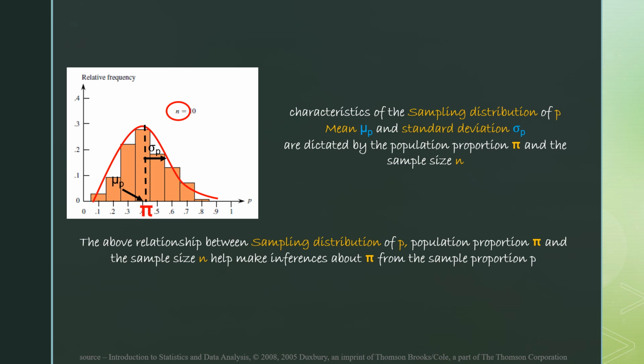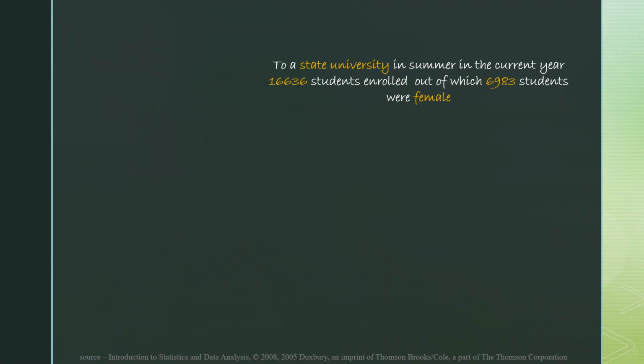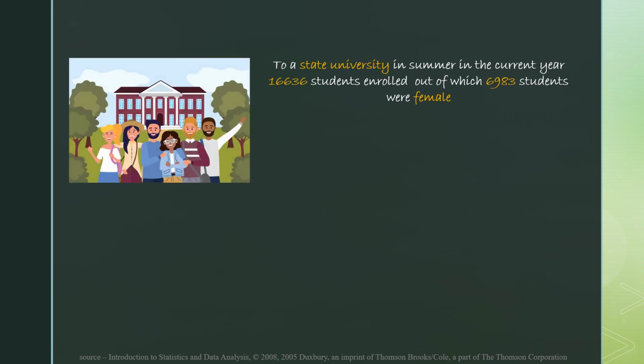Let's look into some examples to understand the relationship between the sampling distribution of sample proportion p, population proportion pi, and the sample size n before arriving at the mathematical relationship between them. At a state university in summer in the current year, 16,636 students enrolled, out of which 6,983 students were female.